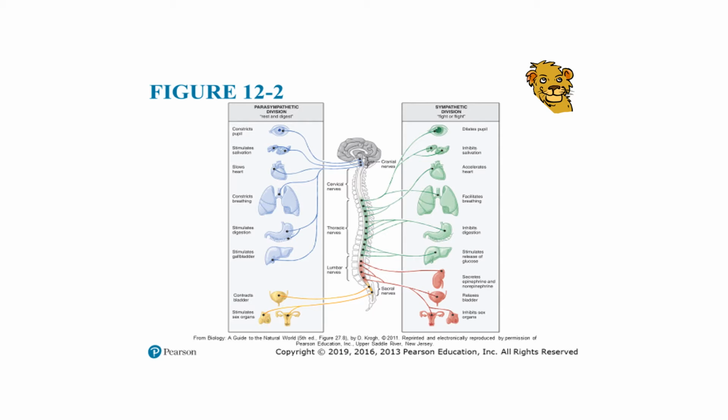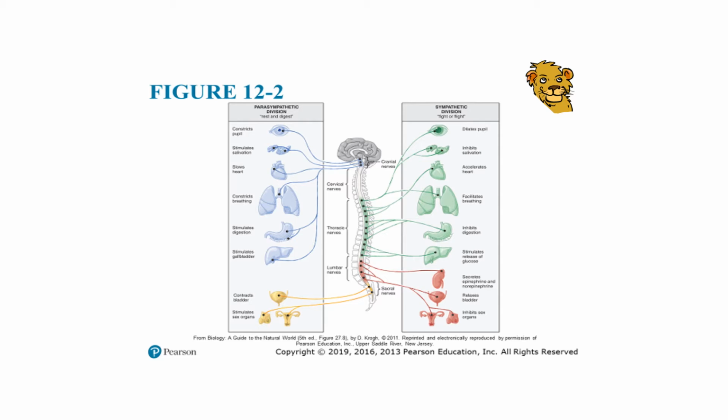Stimulation of the sexual organs. So in women, it'll cause increased contraction and peristalsis of the fallopian tubes to move the egg along, potentially. Increased lubrication of the vagina and the cervix.